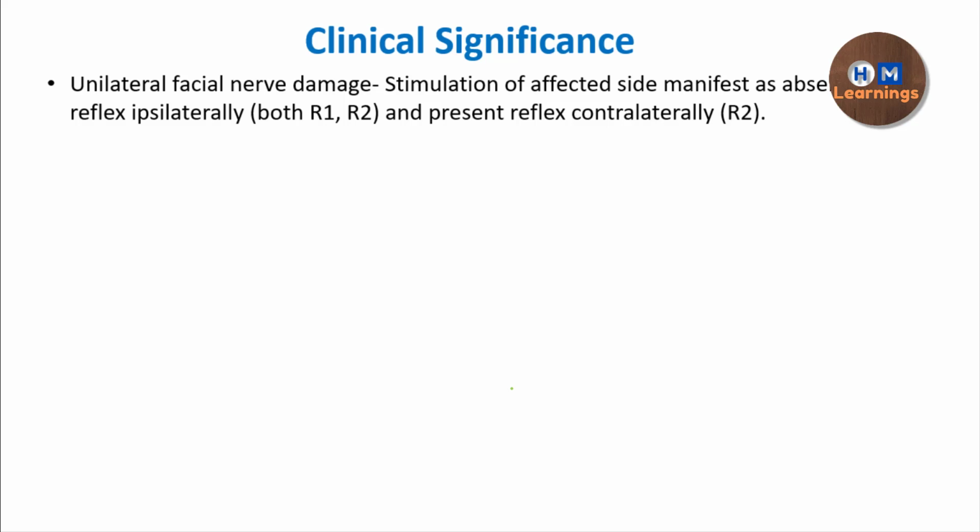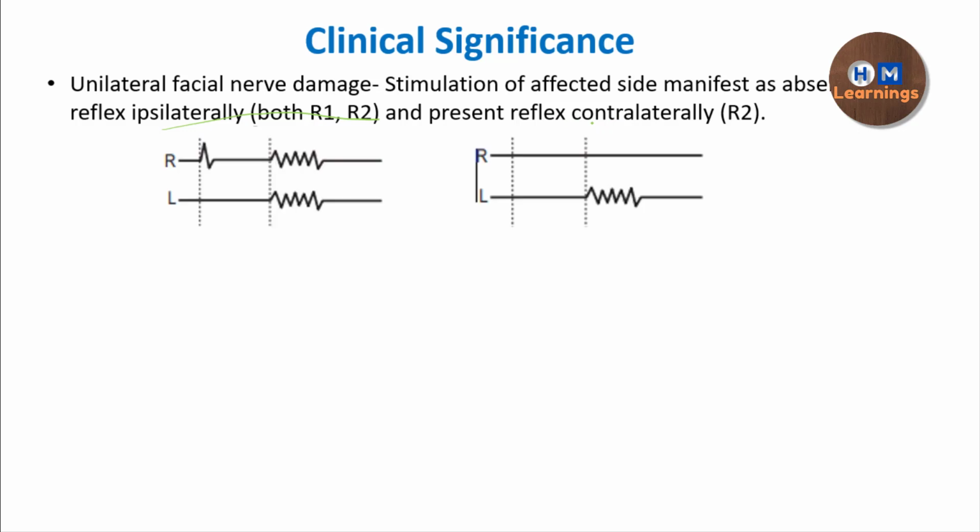Stimulation of the affected side manifests as an absent reflex ipsilaterally, because both the R1 and R2 components of the same side require the facial nerve, and that is damaged, but the facial nerve of the other side is present. So the R2 component which comes on the opposite side will come. This is showing the same thing. The right is totally absent because the problem is in the efferent, but the left side is showing the normal response because the efferent of the left side is totally normal.